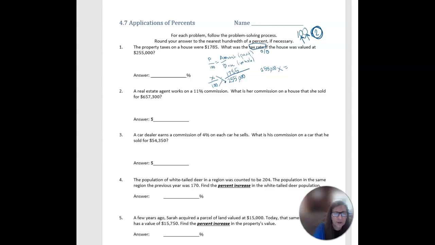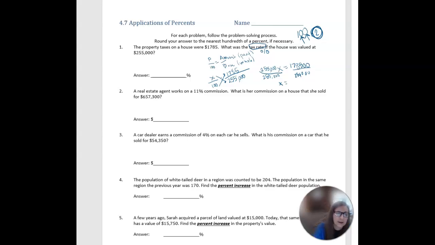Then we cross multiply the other direction, 100 times 1,785, which is 1,785 plus 2 zeros, and then we divide both sides by 255,000 because we're trying to solve for X. So let's put that in our calculator. 178,500 divided by 255,000, and we're getting 0.7.